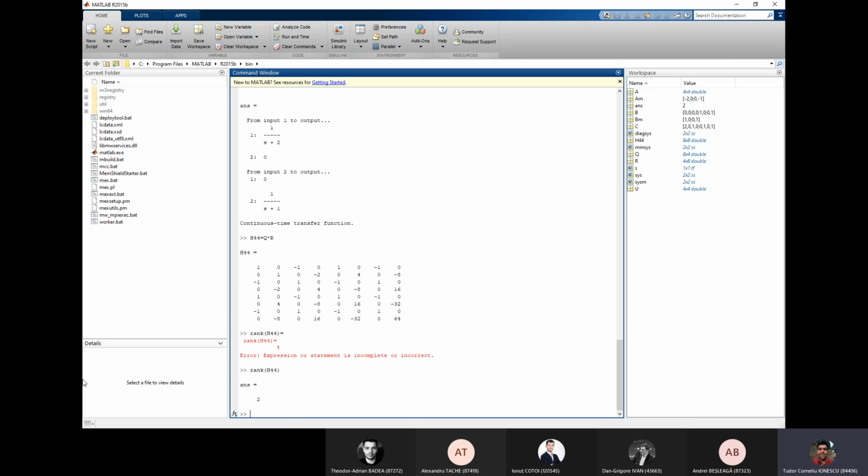Sorry. The rank of H44 is 2. You see? The rank of H44 is 2. So that means that the minimal dimension of this system is 2. Okay? Because we just computed this.